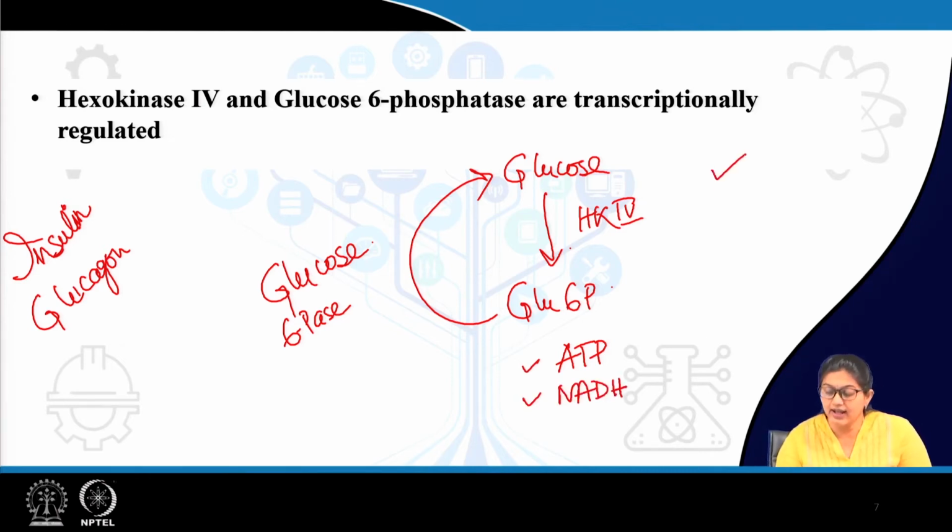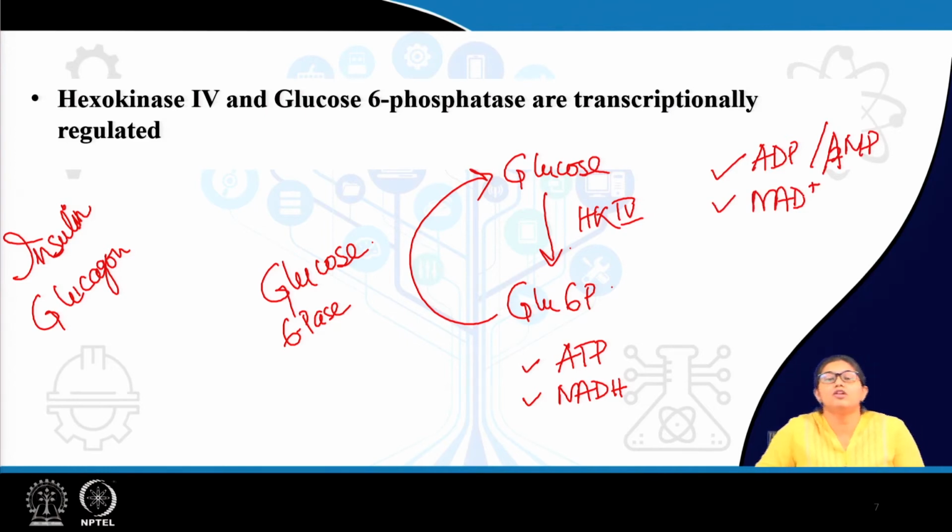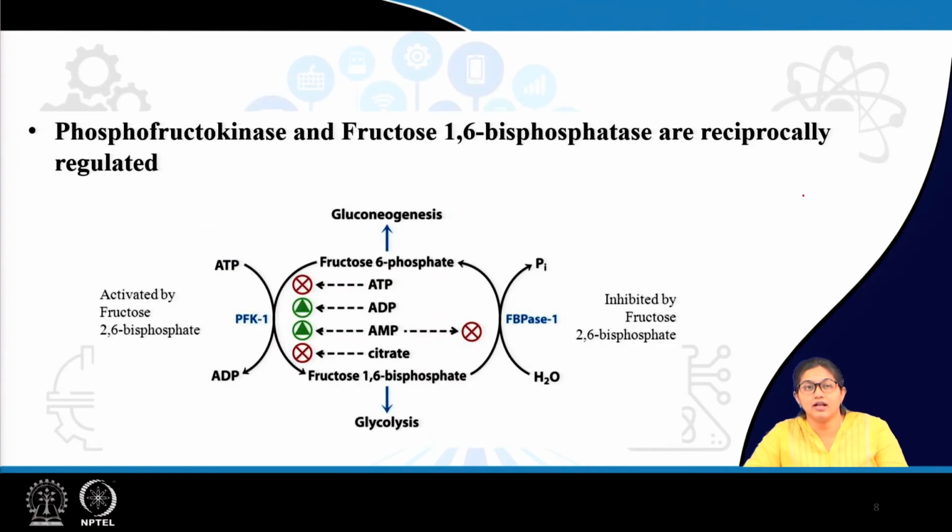The demand for energy is signaled by the presence of ADP, AMP or NAD. So, these molecules signal for the transcription or synthesis of more enzymes. This is how hexokinase 4 and glucose 6 phosphatase are transcriptionally regulated.